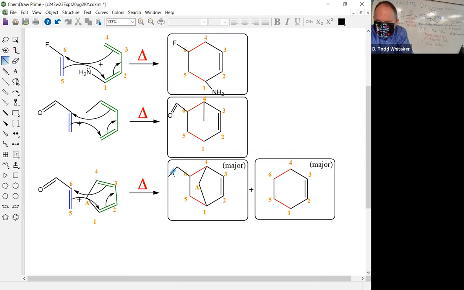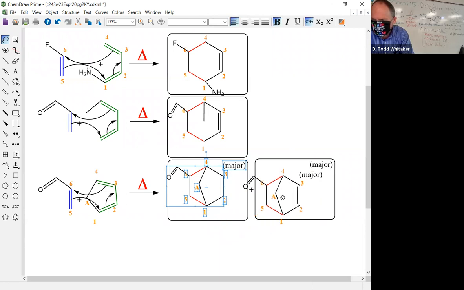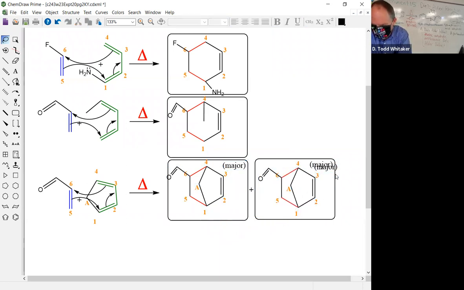Okay. Now, believe it or not, there are two products here. Two products. I'm going to get rid of this, but it's going to come back, okay? I got this whole guy out of the box. And I should have got rid of the major because it's going to be minor. And in one of them, you got this group down and an H up.